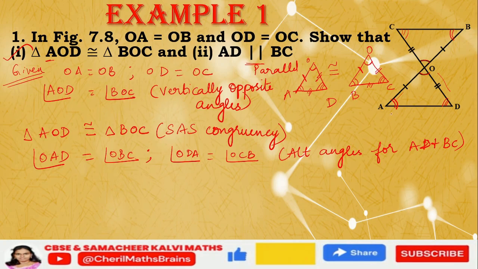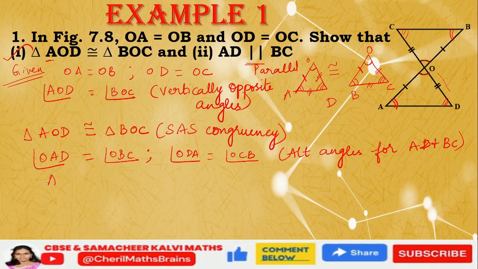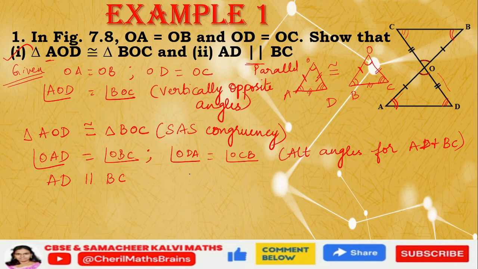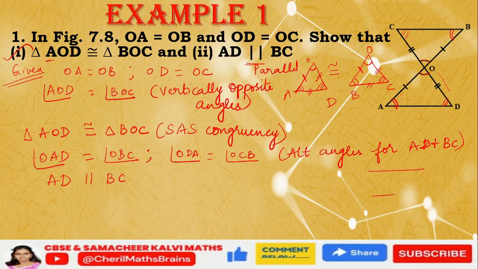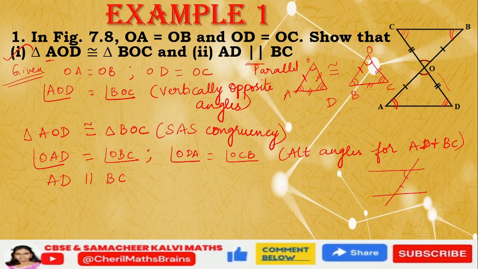If they are alternate angles, then we can very easily say that AD is parallel to BC. Because where do you get alternate angles? When we have two parallel lines and a transversal, you say that this angle is equal to this angle.